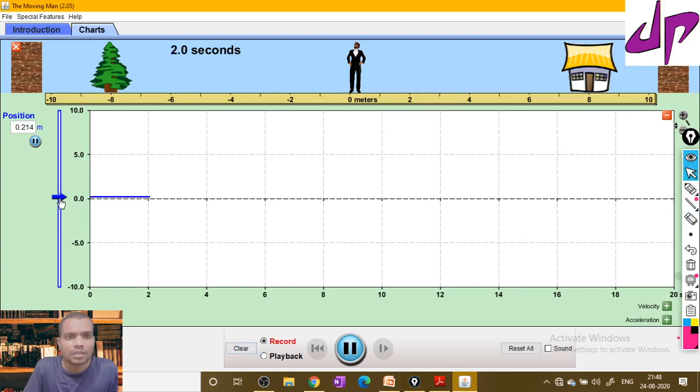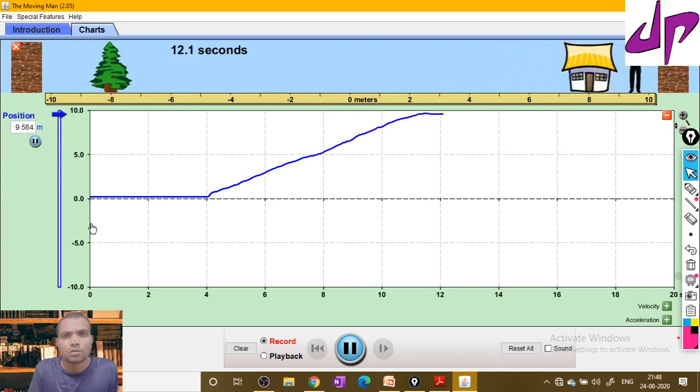Now here you can see he is not moving, he is at 0. Now I am trying to move him. So he's moving, let it move uniformly. So now he's reached up to 10. Now he's at rest. Let's interpret the graph.